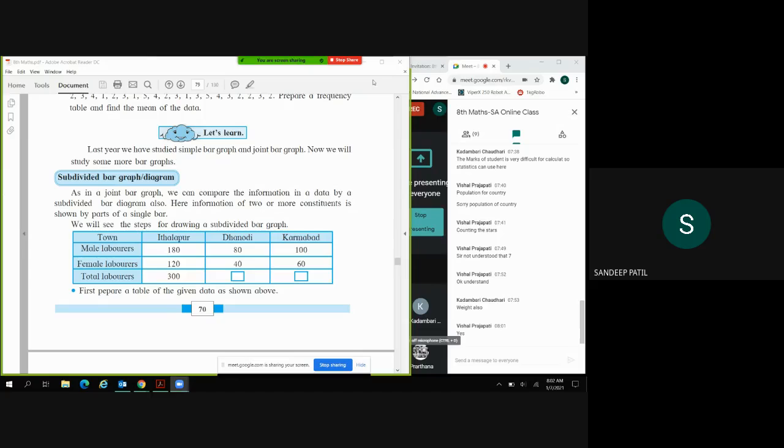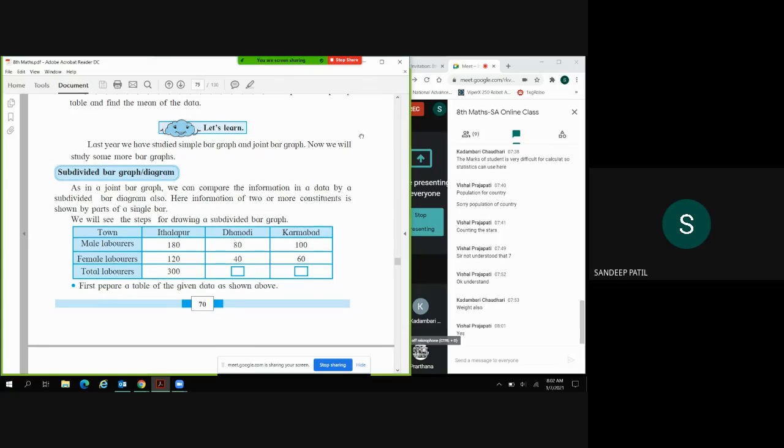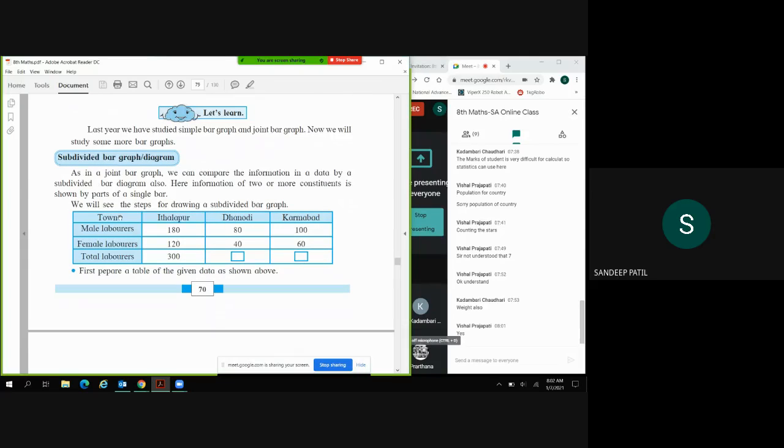Okay, so यहाँ देखते हैं क्या है. So एक यहाँ उन्होंने क्या दिया है. Whenever you are working on a statistics problem, you have to see what data is there. So let's see. Town, right? So there are Ithalpur, Dhanodi, and Karmabad. So these 3 towns are there. There are male laborers and female laborers.